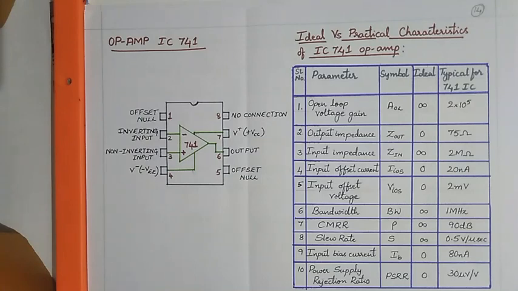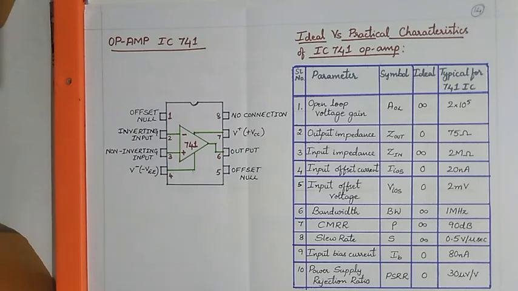Ideally it is equal to 0 and the typical value is 20 nanoamps. Input offset voltage is a small DC voltage that has to be applied at the input of the op-amp in order to force the output to be 0. Ideally it is 0 and the practical value is 2 millivolt.